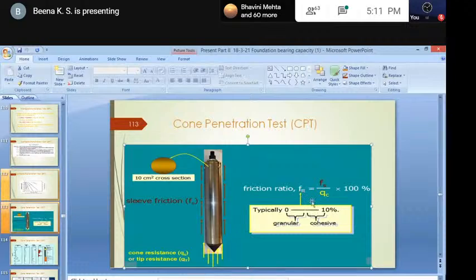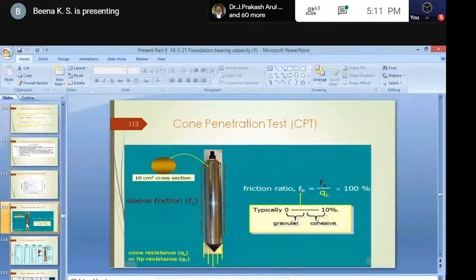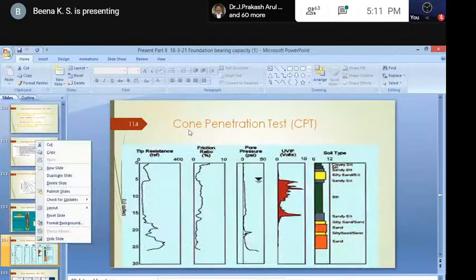The friction ratio is to find out the frictional resistance, that is sleeve friction. In the cone penetration test, the friction ratio FR is equal to Fs by qc into 100. These are some of the cone penetration test results.